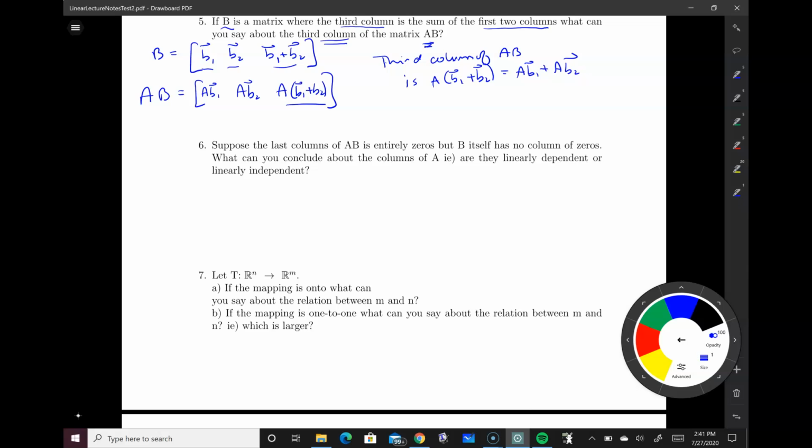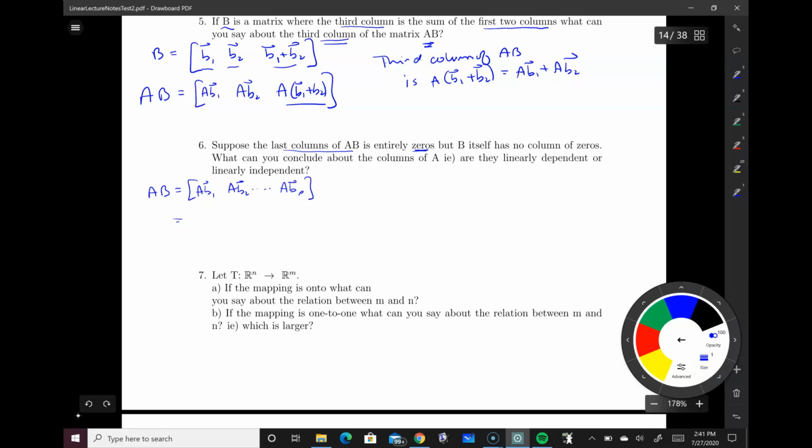So what can we have here? We have the last column of AB is entirely 0, but B has no zero columns. So we're looking at AB, which is A times B1, A times B2, dot, dot, dot. And just because it's saying the last column, let me write down ABP.